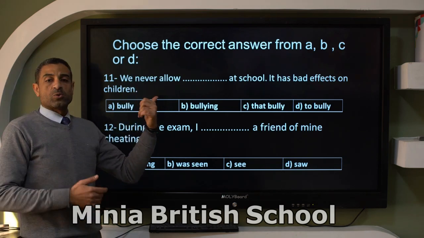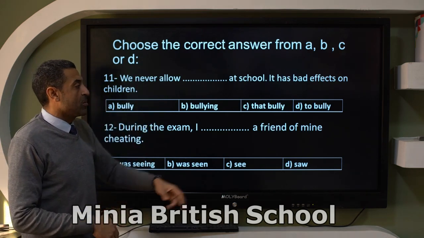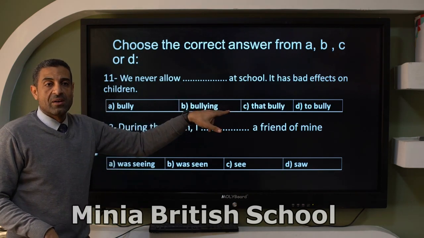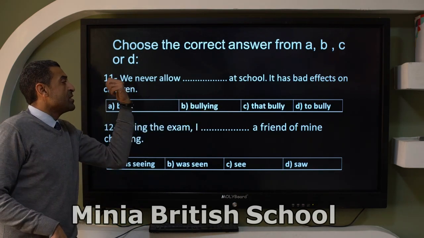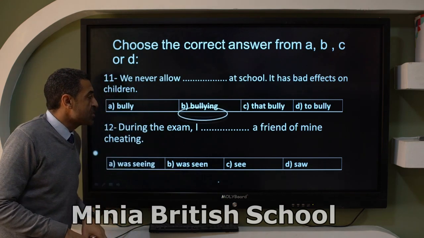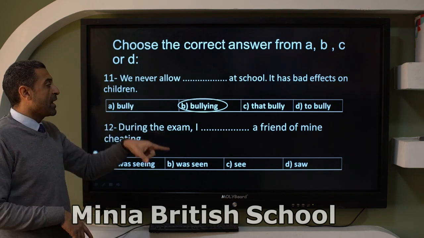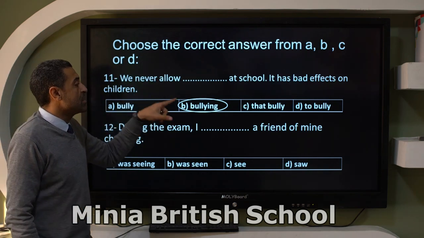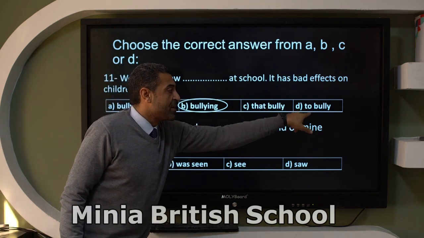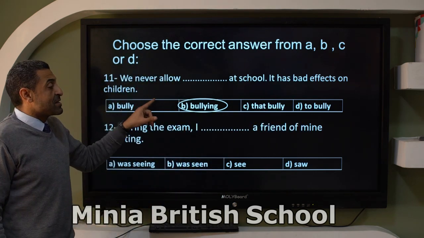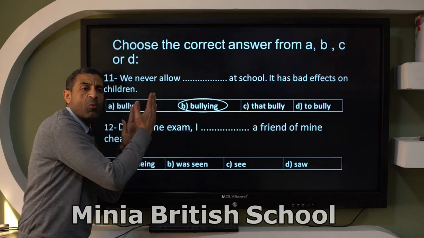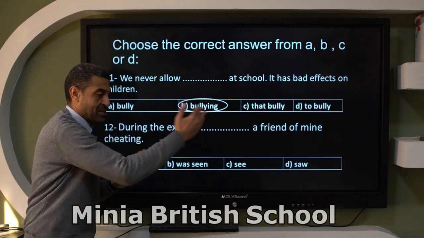If I want to allow someone to do something, it will be to bully, but I will not allow someone. I never allow something. So we have to choose the gerund form. So allow can be followed by gerund form or bare infinitive. If it's followed by bare infinitive, here I have to allow someone to do this.